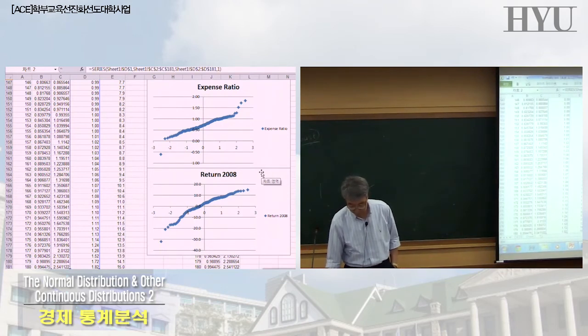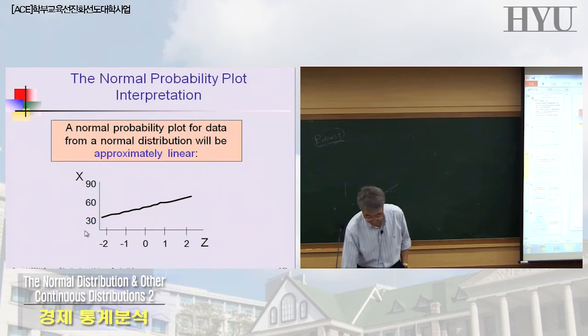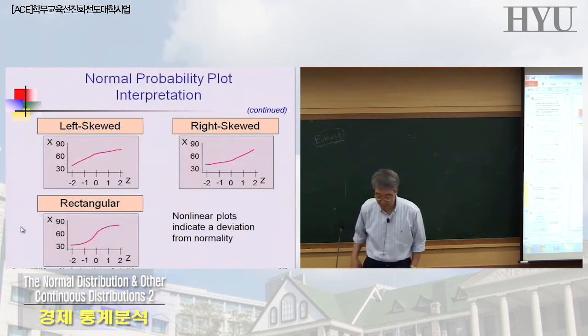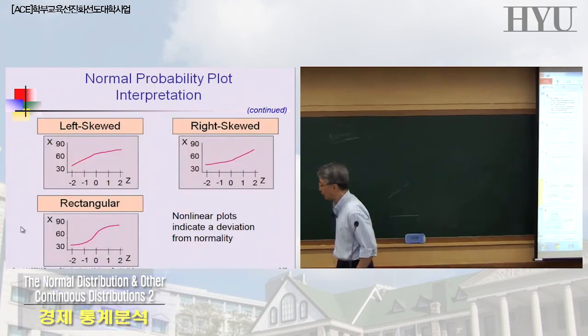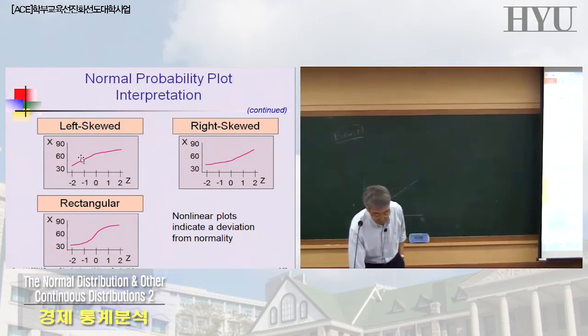Well, I'm not done yet. Hold on. So once you construct a normality plot, what you're looking for is this kind of straight line, approximately linear. If you have some concave downward, that indicates left skewed.